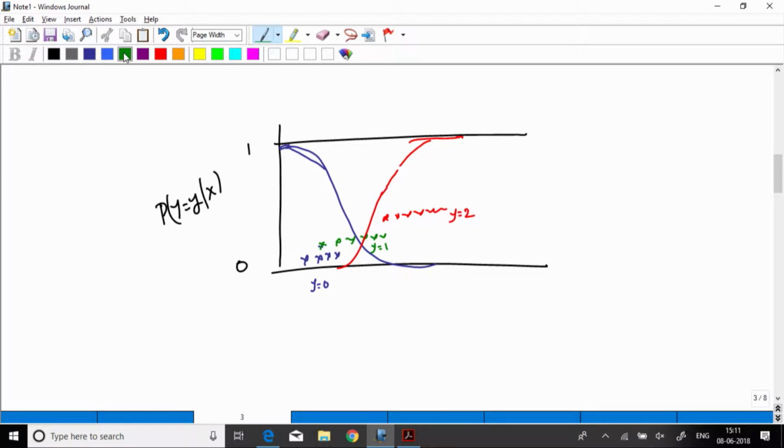And what will this green curve be? It will be 0, then go a little up, reach 1 here, and then again go down and be 0.